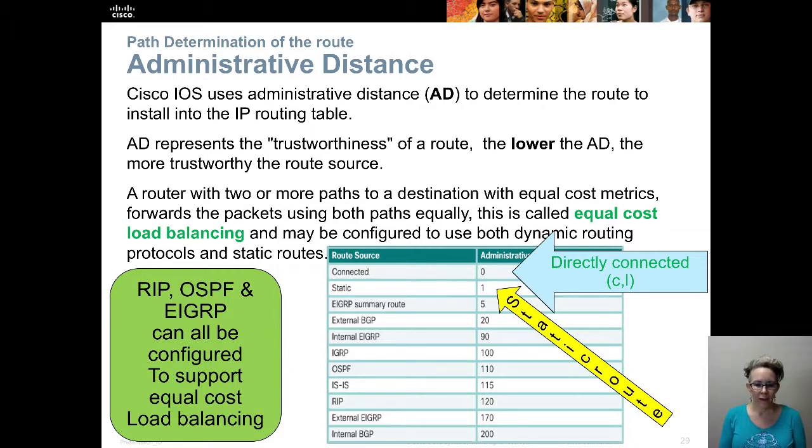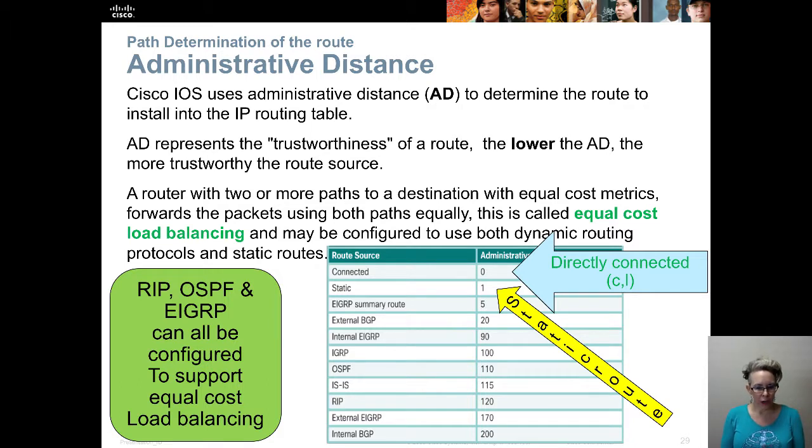I've said, if I'm at point A and I need to get to network 10.10.10.0, take this exact static route. That's going to have an administrative distance of 1. Again, a very, very good administrative distance. That means it's very trustworthy.